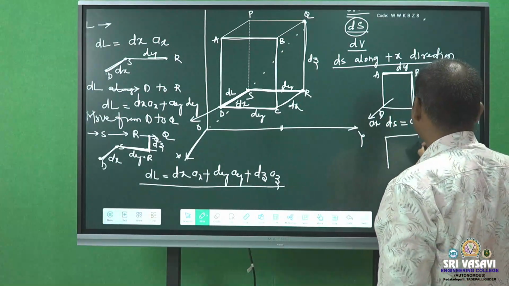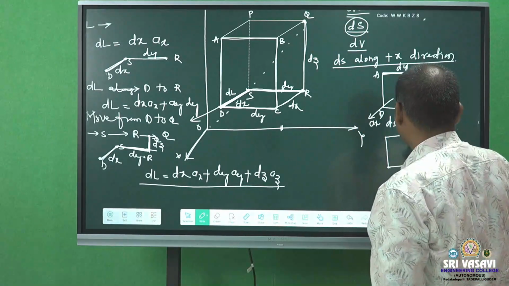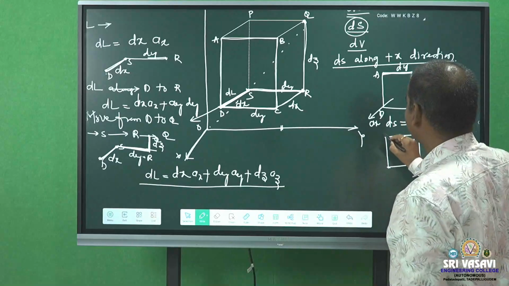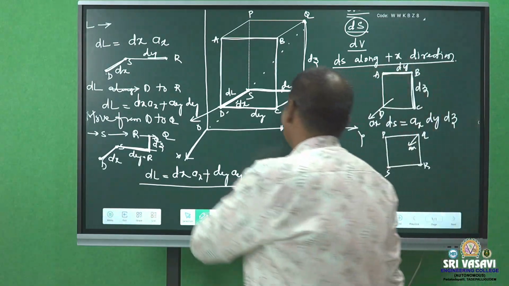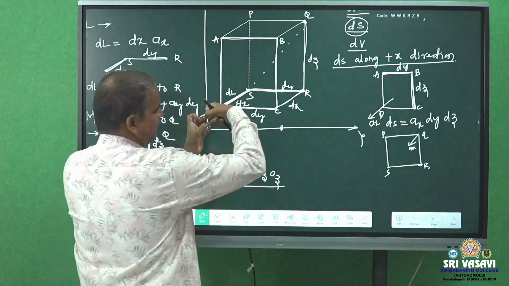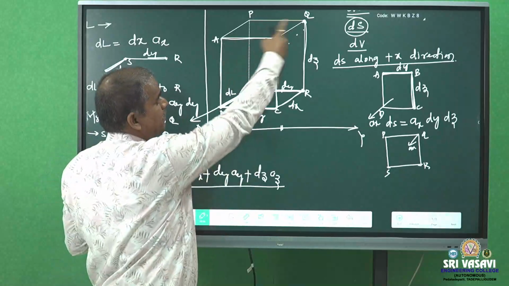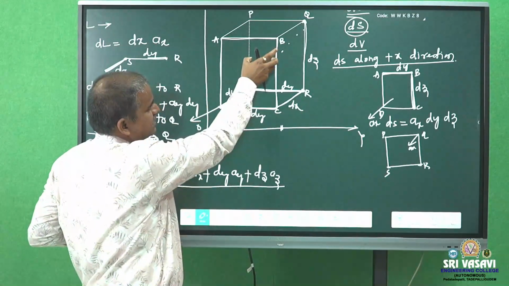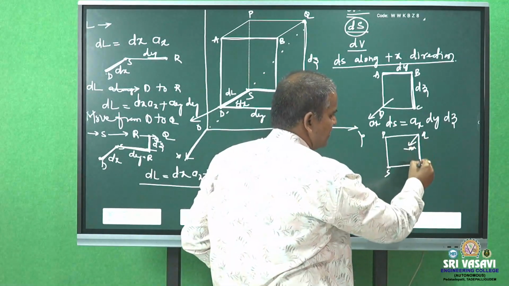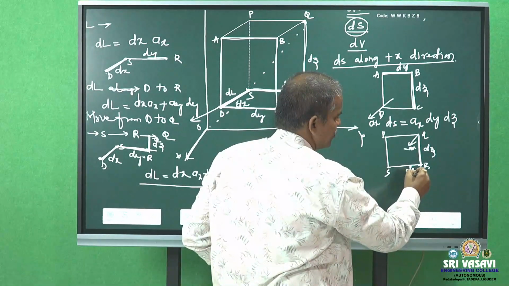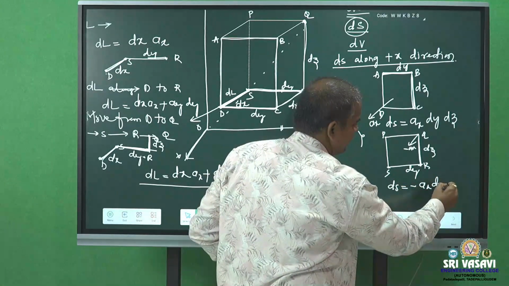This is negative x, P, Q, R, S. Or otherwise, we can place this box at the origin and expand it like this. So P, Q, R, S comes to the negative x direction, and accordingly we write minus AX. This is dz, this is dy. Therefore, differential surface is minus AX dy dz.